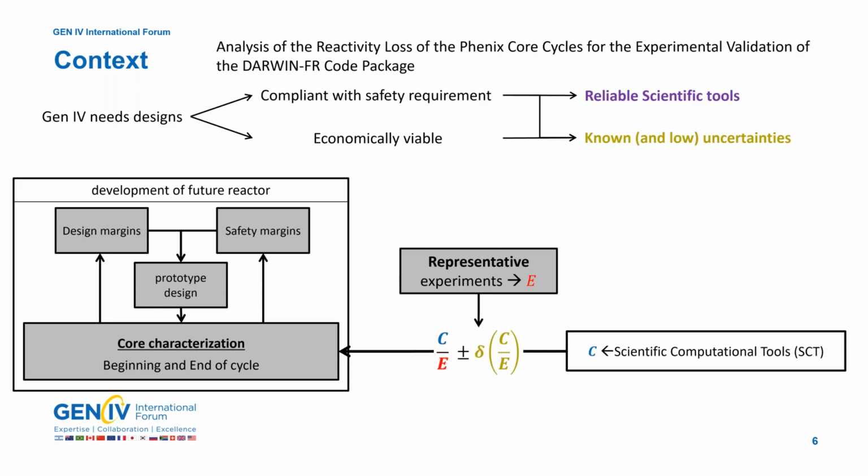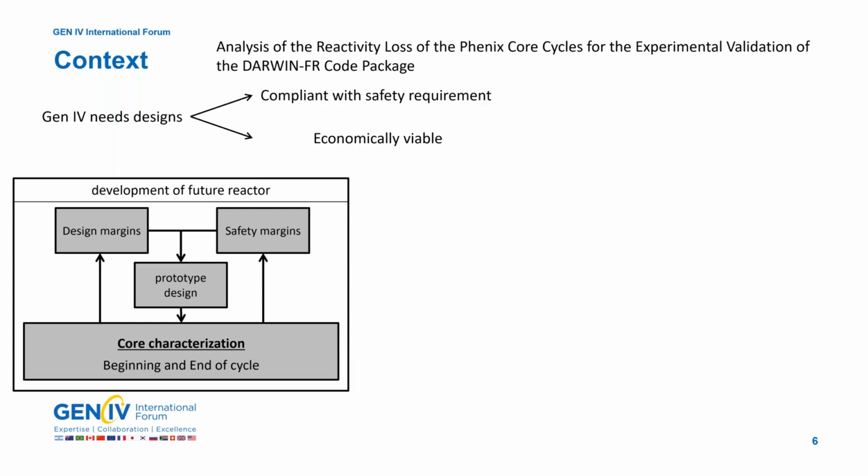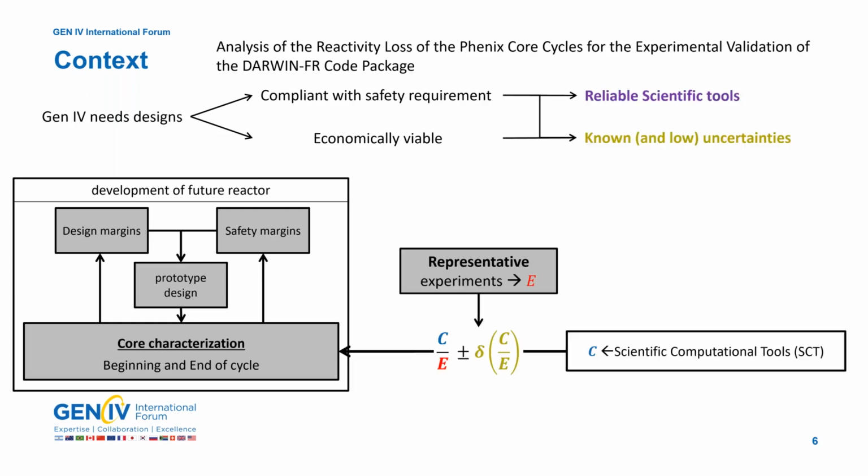For that, you will use scientific computational tools that will need to be reliable and with known uncertainties. And the process to evaluate this reliability and those uncertainties is called VVUQ, so verification, validation, and uncertainty quantification.